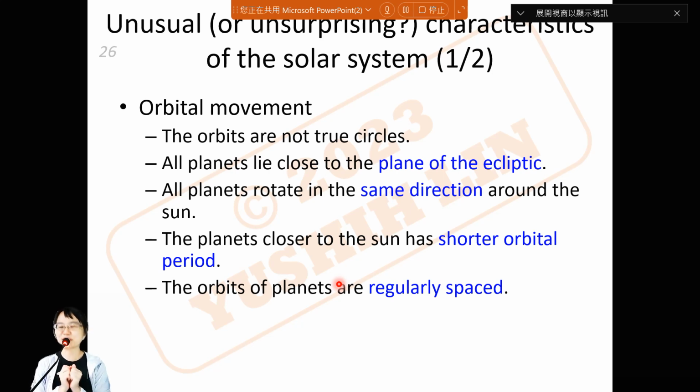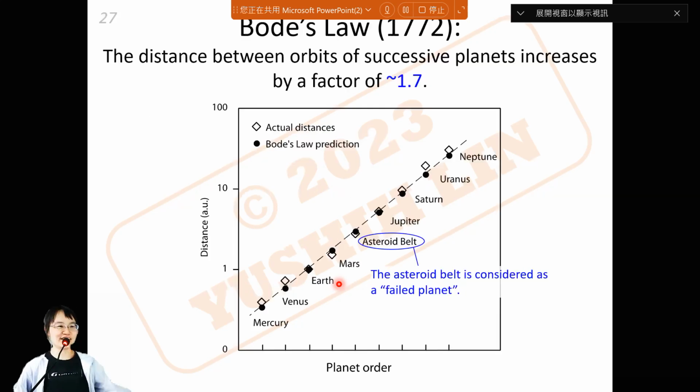Okay, this is a mystery to me. I don't know why. If you read the textbook, it will tell you this is the so-called Bode's law. The distance between orbits of successive planets increases by a factor of 1.7. This is the planet order. They do seem regularly spaced, except for here, the asteroid belt. That's the reason people believe that asteroid belts represent a failed planet.